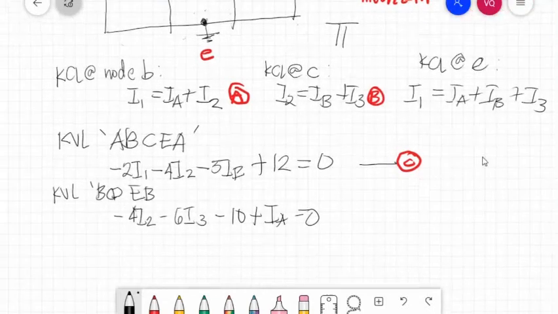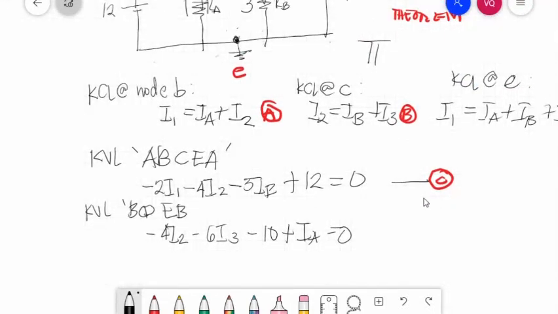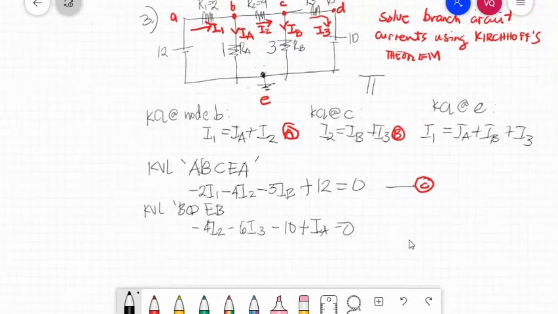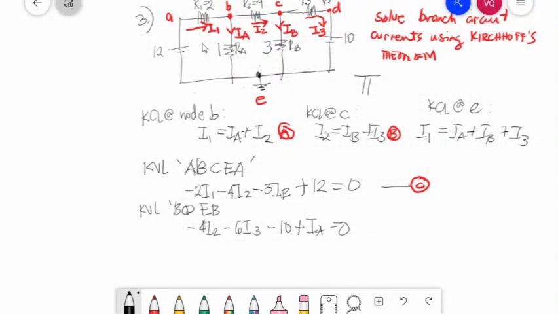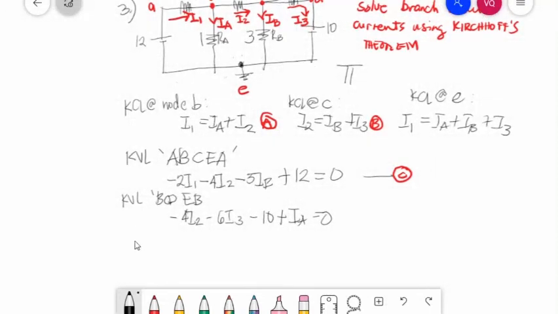So, my last loop will be outside the circuit: A, B, C, D, E, and A. So, KVL, A, B, C, D, E, and A. I will have an equation, negative lahat kasi same yung motion tsaka direction of currents.